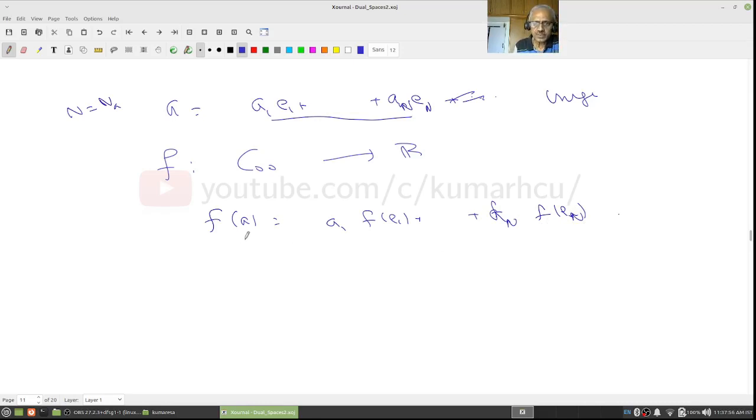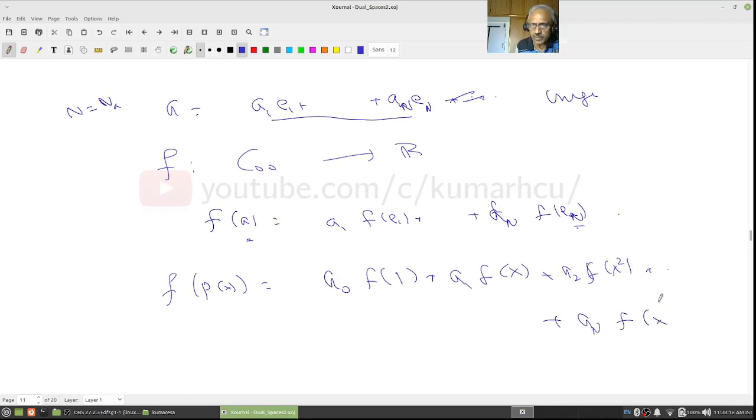But notice that depending upon a, this N will also vary. If you want to think of this as a polynomial, f of p of x will be a0 f of e0, which is 1, plus a1 f of x plus a2 f of x squared, and so on, plus a_n f of x to the power n. Okay, pause, review, proceed.